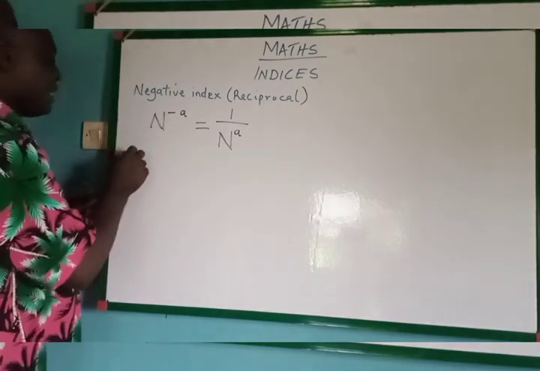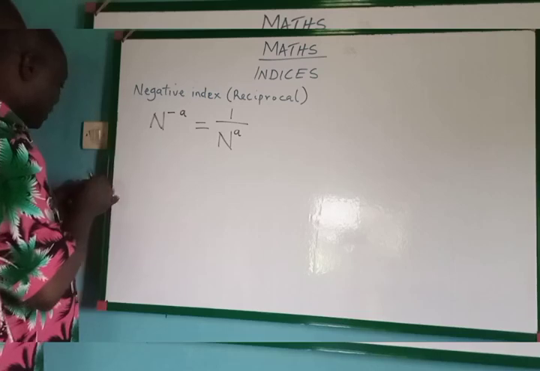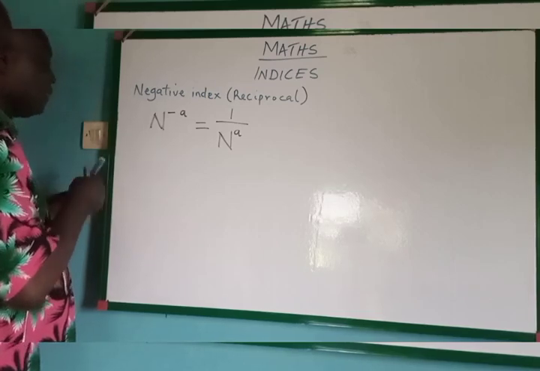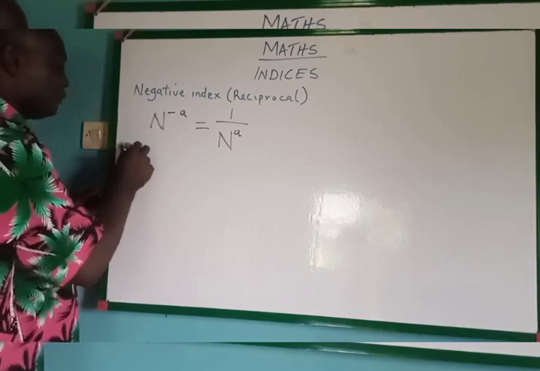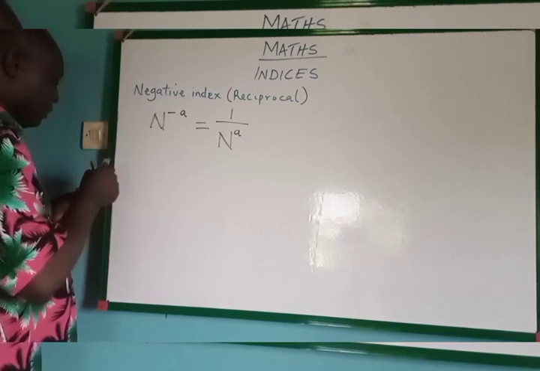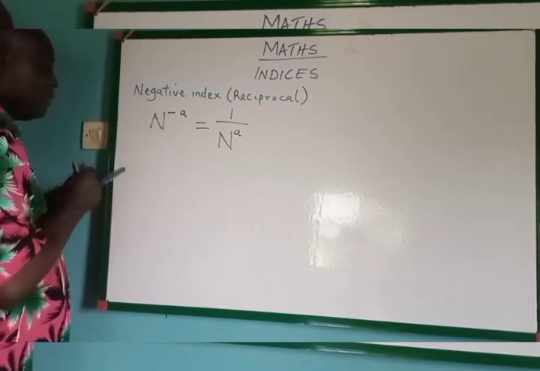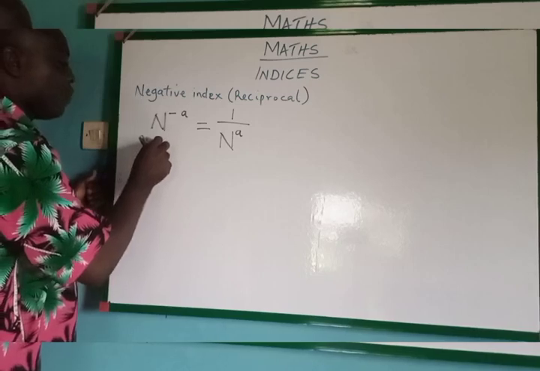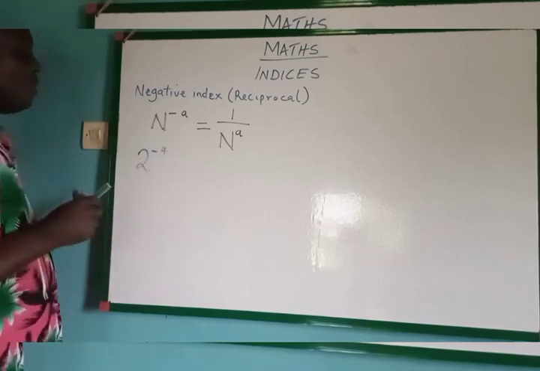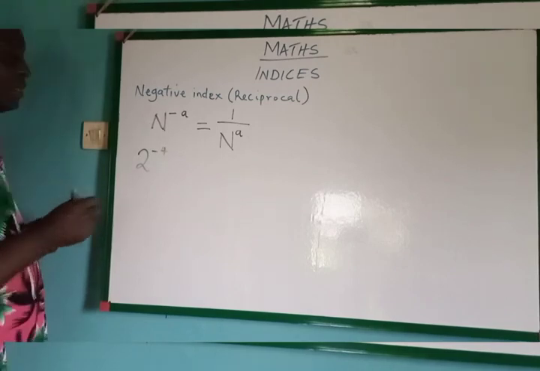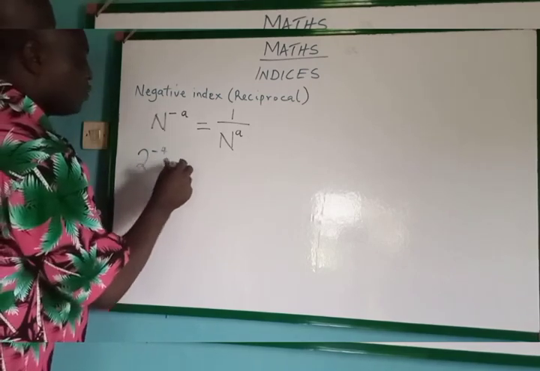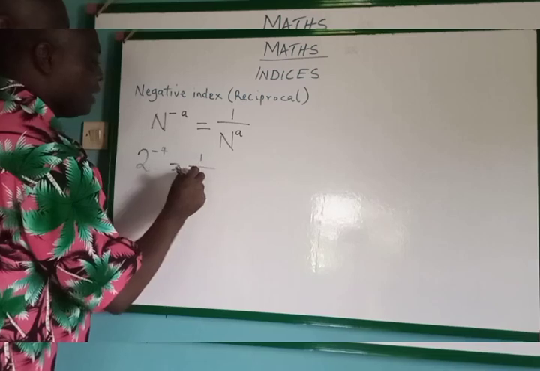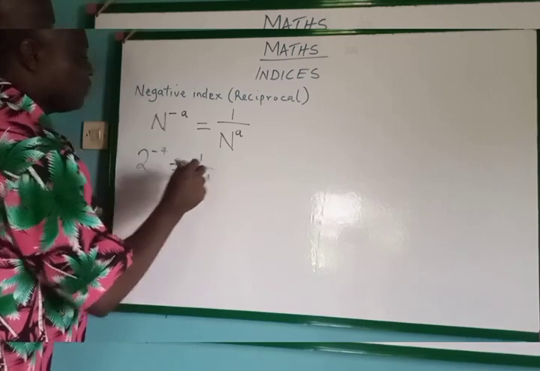Let us have a numerical example of that. Take for instance, we have 2 raised to power minus 4. What is the equivalent of this? It is equal to 1 all over 2 raised to power 4.